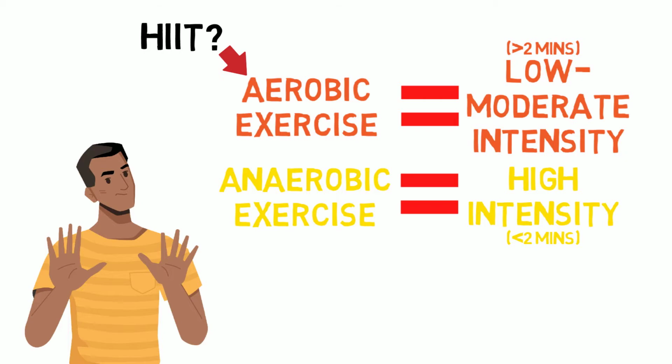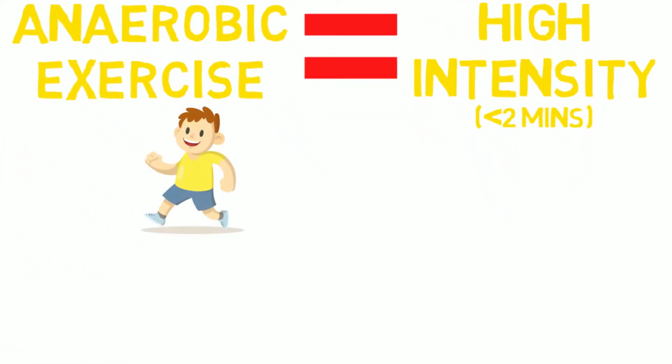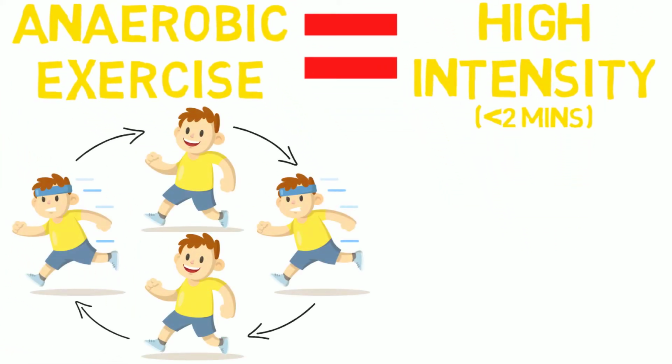Well, keep in mind I said that aerobic exercise requires at least 2 minutes with sustained exertion. Since HIIT intervals repeatedly alternate from an effort perspective, the same intensity from one bout is never continuously sustained for longer than 2 minutes, hence classifying it as anaerobic exercise.